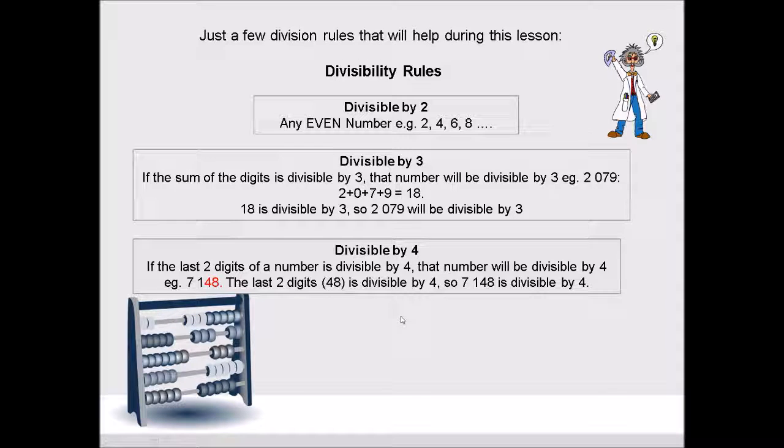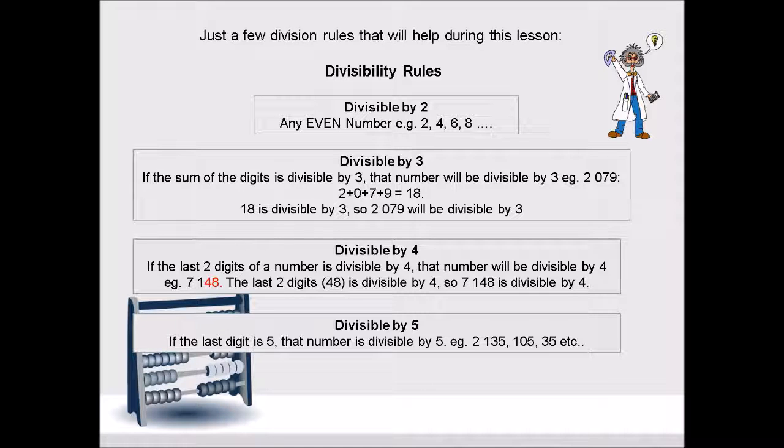A rule for 4. If the last 2 digits of a number is divisible by 4, that number will also be divisible by 4. Example, the number 7148, the last 2 digits, which is 48, is divisible by 4, so the 7148 is also divisible by 4.